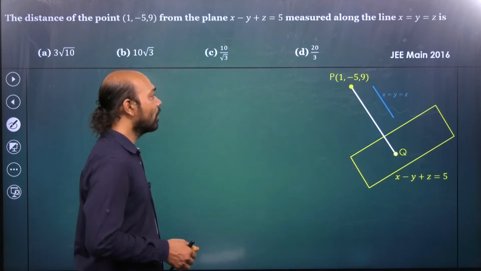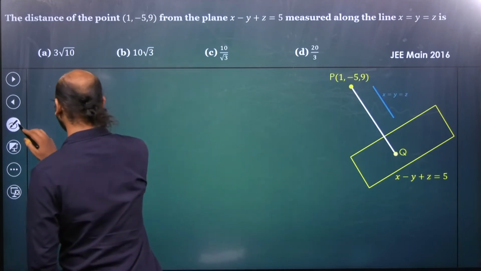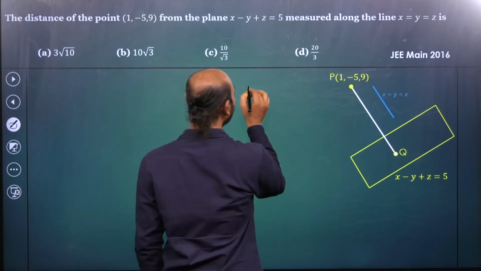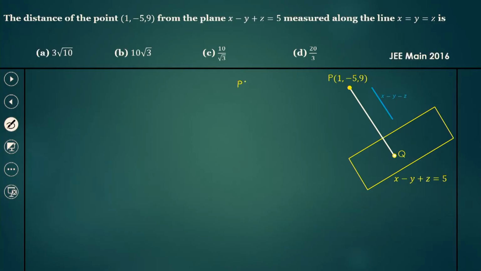Now for this particular problem, the line PQ is passing through the point P, that is (1, -5, 9), and is parallel to x equal to y equal to z.